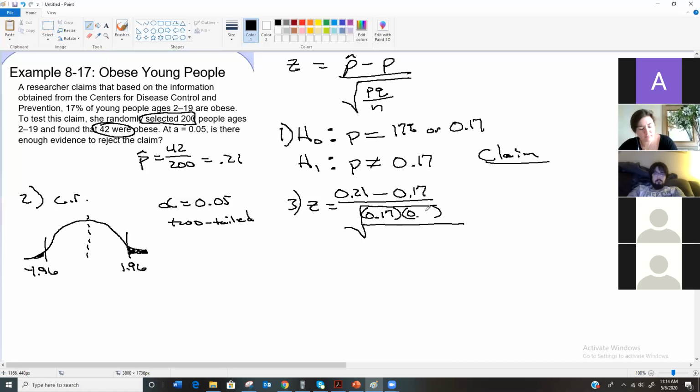Yep, so the difference from 1. So 83% and 17% together make 100%. And then our n is 200. And again, this whole bottom, compute the inside and then do the square root, or do the square root with the parentheses inside. So 0.04 on the top divided by whatever the bottom gets.